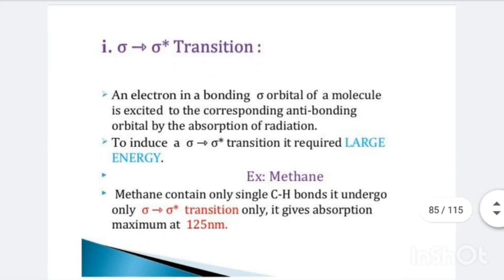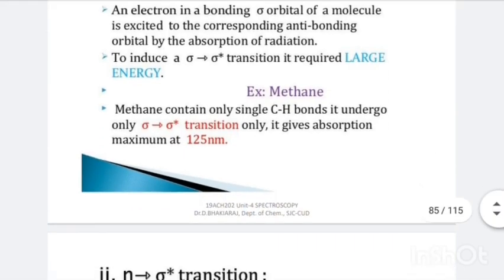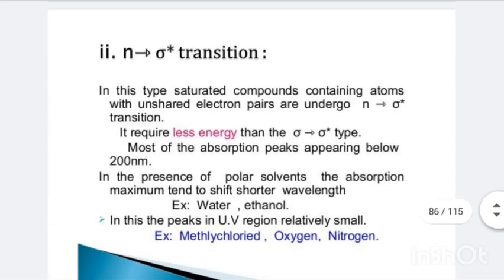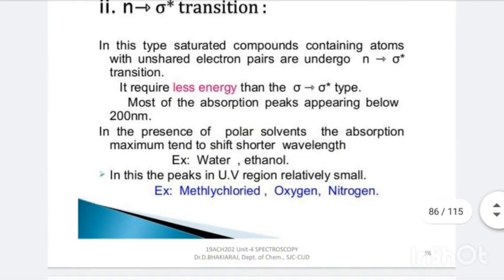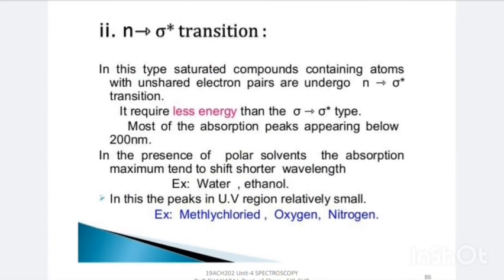So a set of examples has been given. Sigma to sigma star, as I already told, happens only in C-C single bonded compounds. For example, methane. And the second case is n to sigma star, which happens in compounds with heteroatoms like oxygen and nitrogen. Examples are alcohols, ethanol, water, all those compounds.